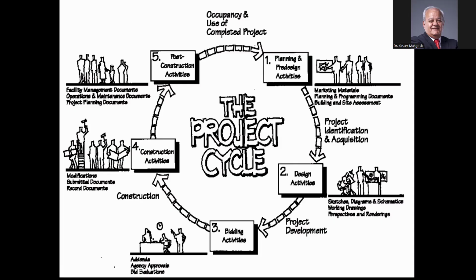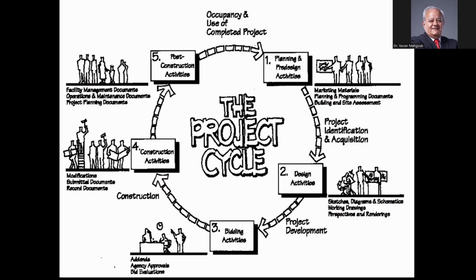Sometimes you don't do the design, you only do the programming stage and send the document to another office to work on the design. Or you receive a program and start work on the design stage. During that time, you work on schematic design, sketching, diagrams, maybe study models, renderings, and you come up with a schematic design.